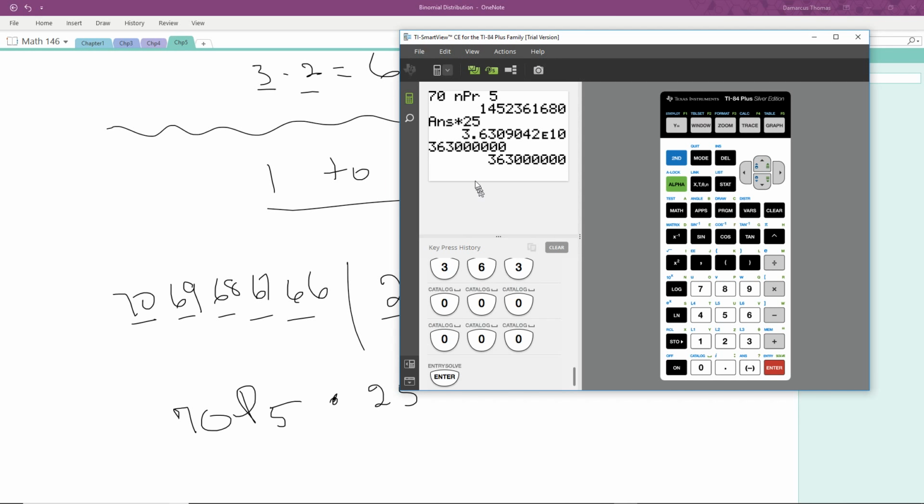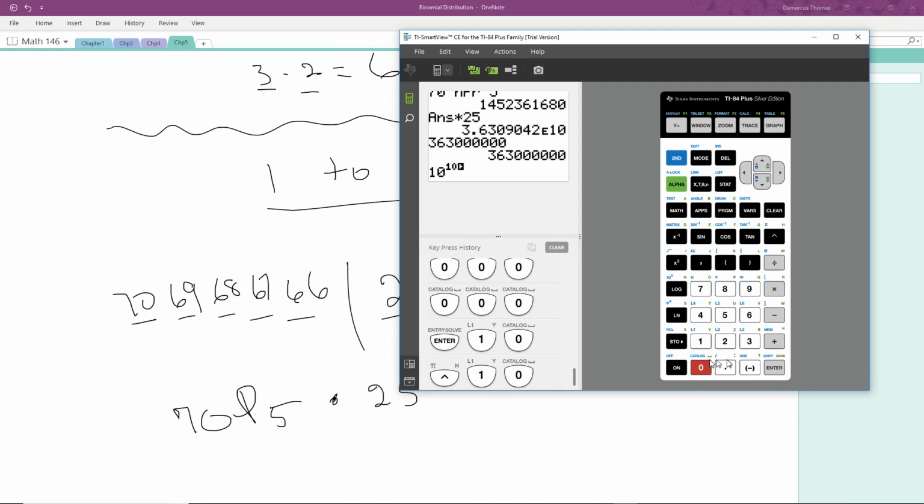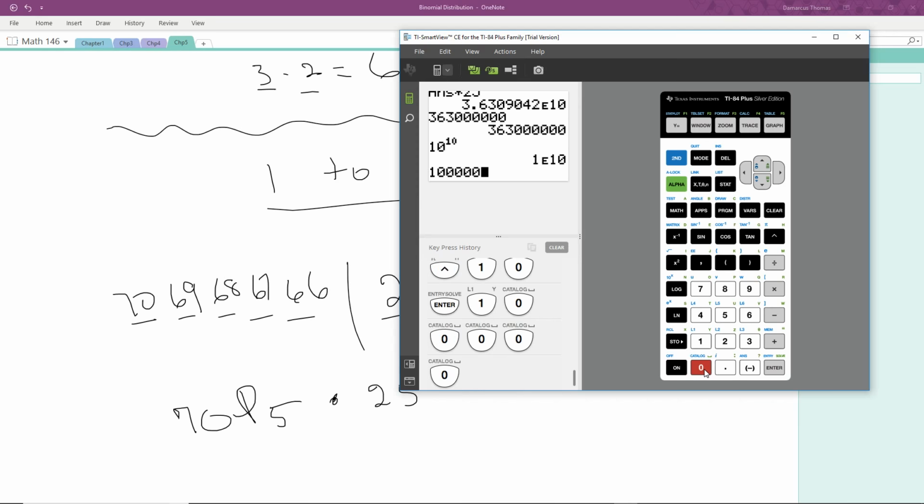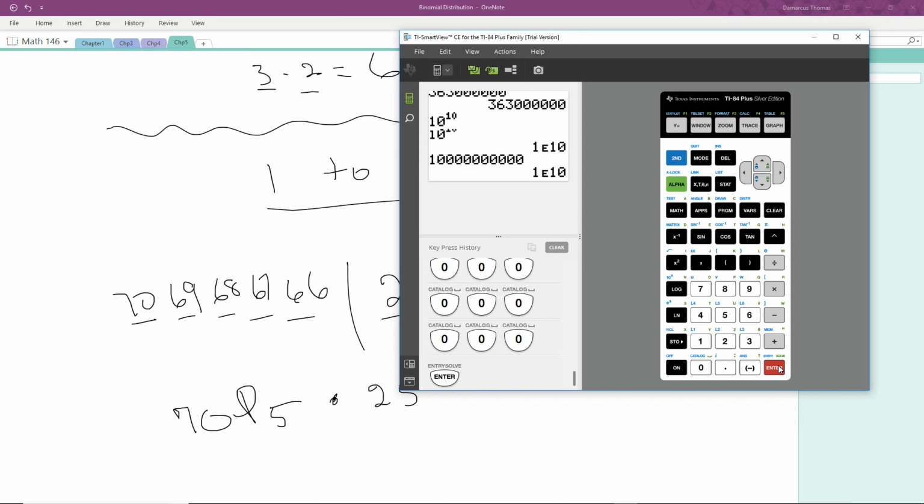We're going from 3.63 times 10 to the, so what if I do 10 to the 10th power? 10 to the 10th power is 10 billion, I believe, yeah? 10 and then 0, 0, 0, 0, 0, 0, 0, 0, 0. Okay, so that's 10 billion.